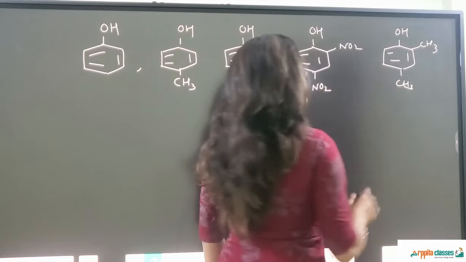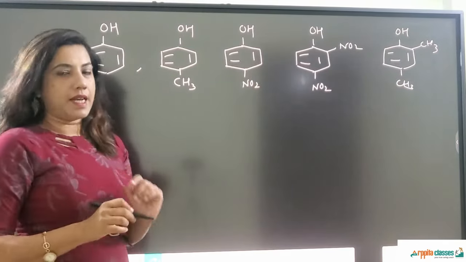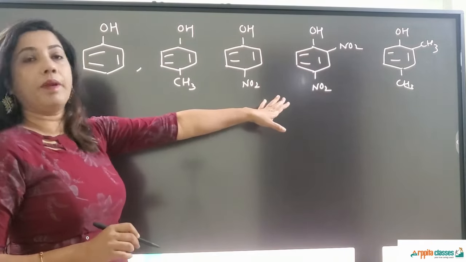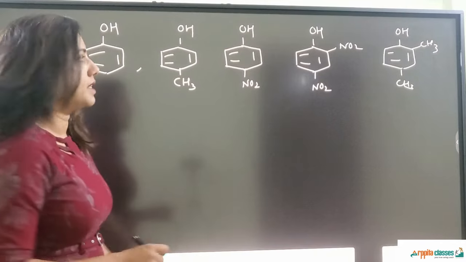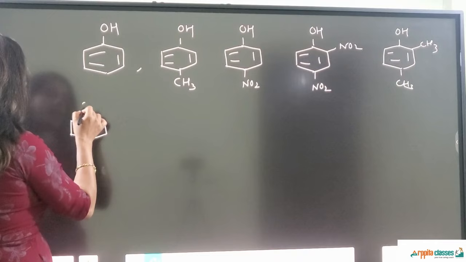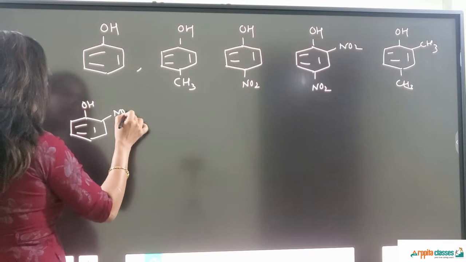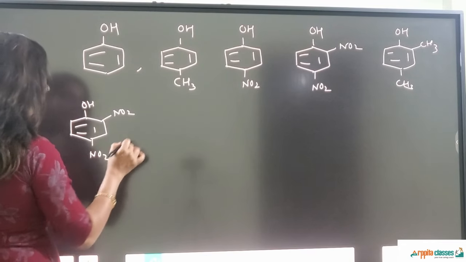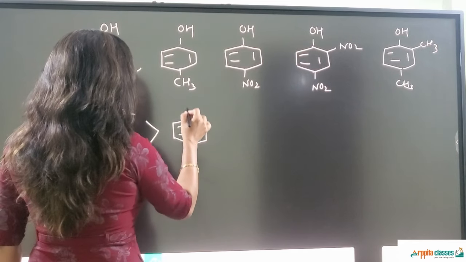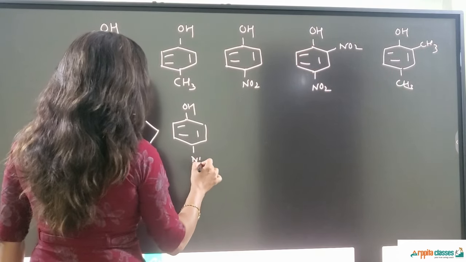We know that the electron withdrawing group will increase the acidity, so obviously the NO2 group will increase the acidity, and as the number of NO2 groups increases, the acidity still increases. So first, in the first position, this will come: OH, NO2 attached here, NO2 attached here. In the second position, the compound with one NO2 group will come.